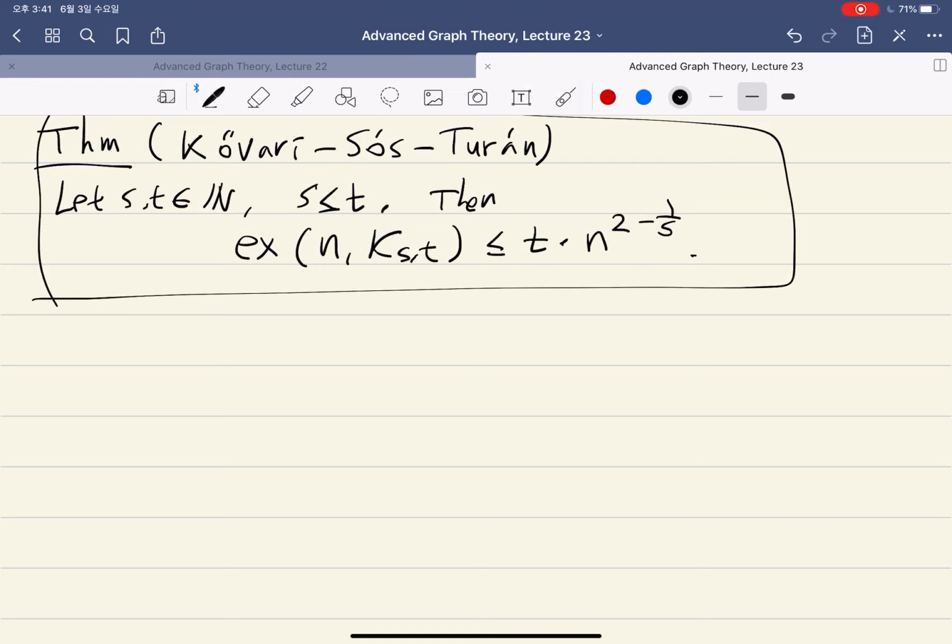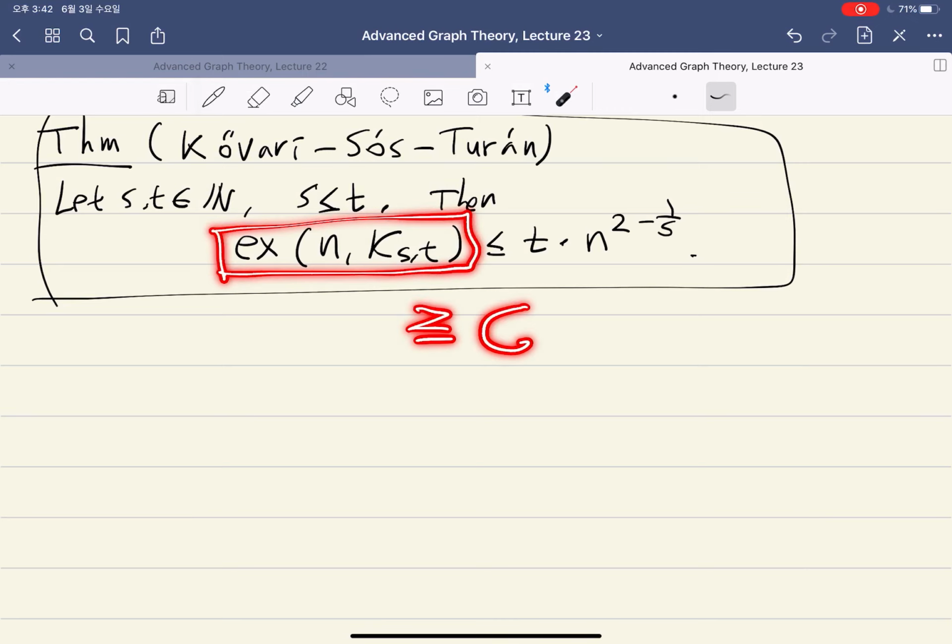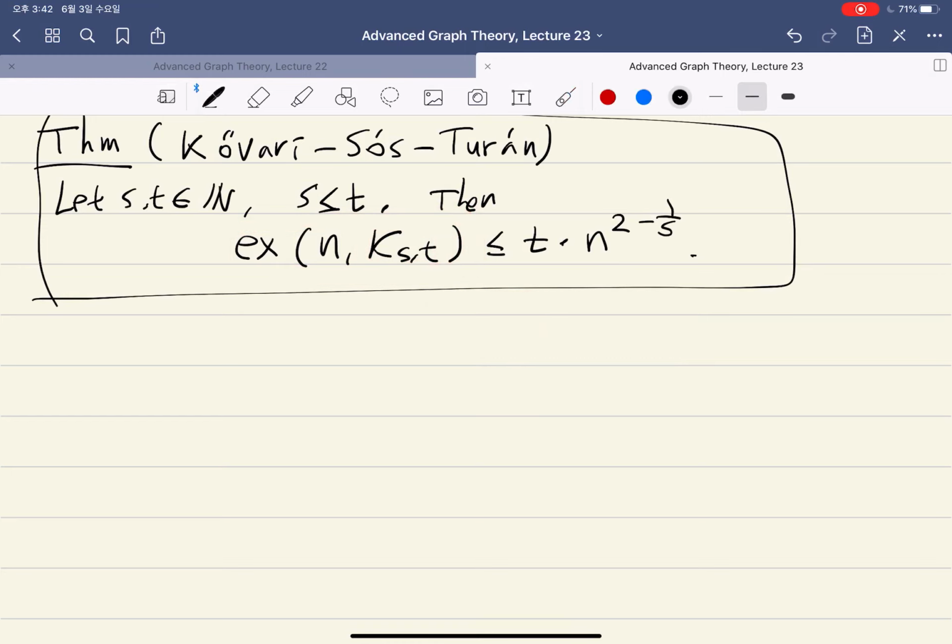Meaning that we don't know the lower bound, meaning that we have to find the construction. So in order to prove a lower bound on the extremal number, we have to find the construction. If we want to say this is at least a certain number, then we want to find the construction which has roughly this many edges, having no copy of K_{s,t}.